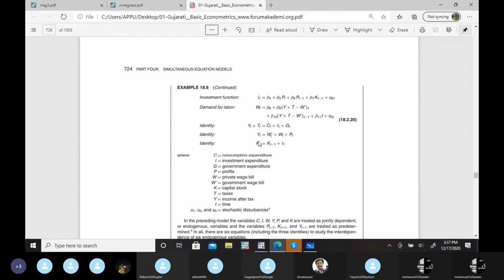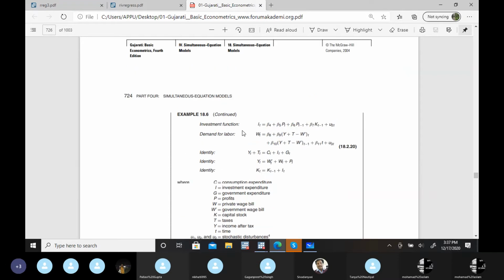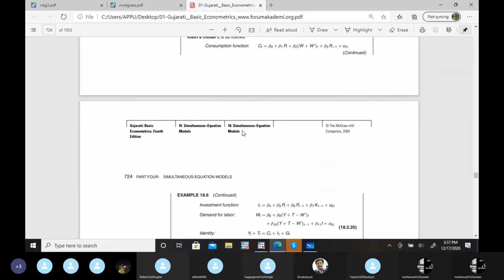They have not written it here, but it's the total wages. The wage of the private bill and the government wage bill are not mentioned separately. The only W' they have mentioned is the government wage, but they have not mentioned anything about the private wage. So you have to keep it as an endogenous variable. So if that's the scenario here, Pallavi, it's not 4, it's more than 4.